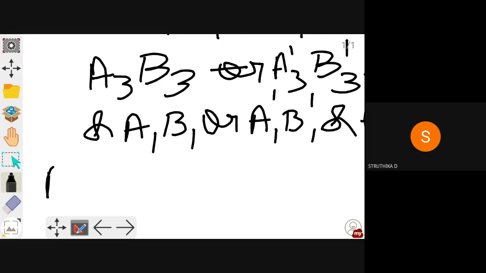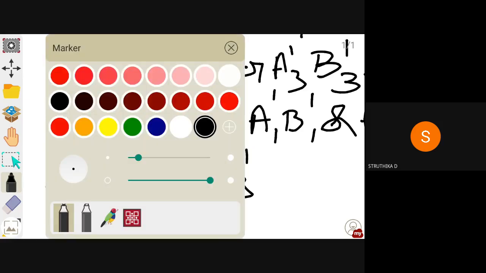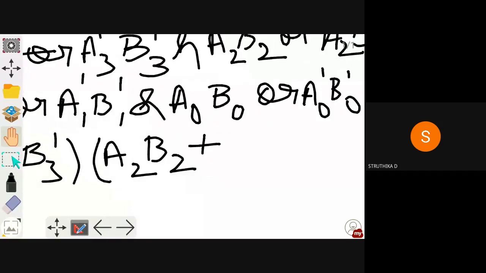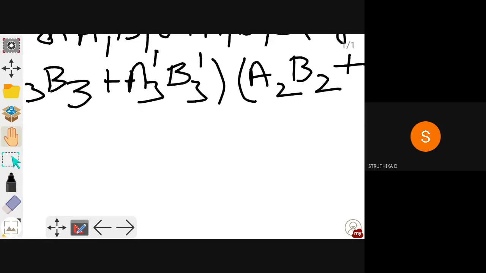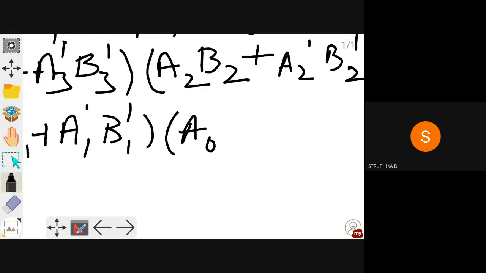So you can replace this as a3 b3 plus a3 dash b3 dash, then into, and I am replacing it as into a2 b2 plus a2 dash b2 dash into a1 b1 plus a1 dash b1 dash into a naught b naught plus a naught dash b naught dash.